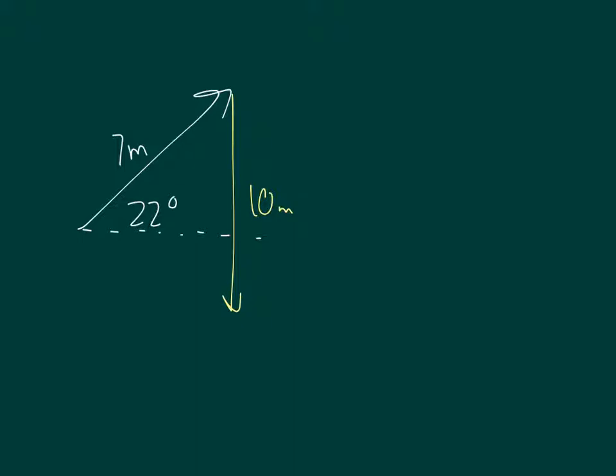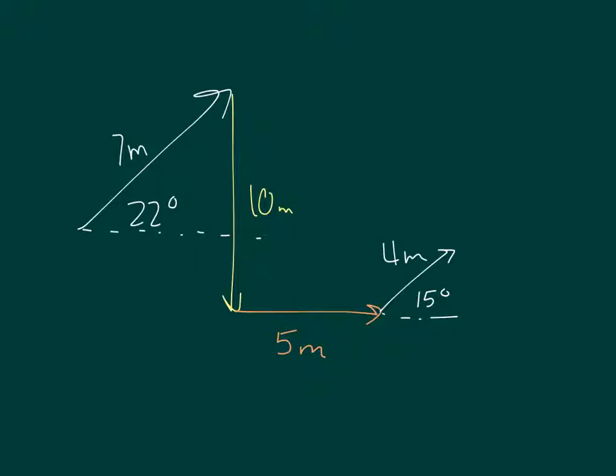East for 5 meters. And finally, the person walks northeast again at an angle of 15 degrees for 4 meters. Figure out the overall displacement.